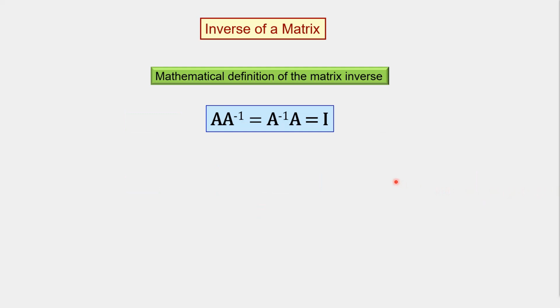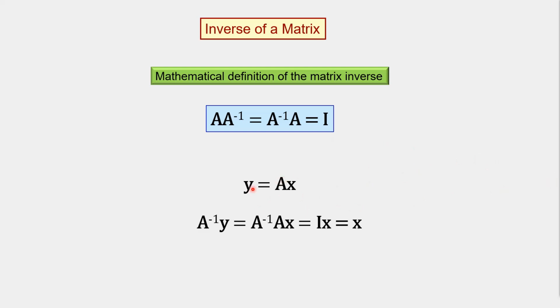Mathematically, the inverse of a matrix is defined using this relationship. A times its inverse is equal to the inverse of A times A equals the identity matrix. And to see how that applies, consider y equals Ax.